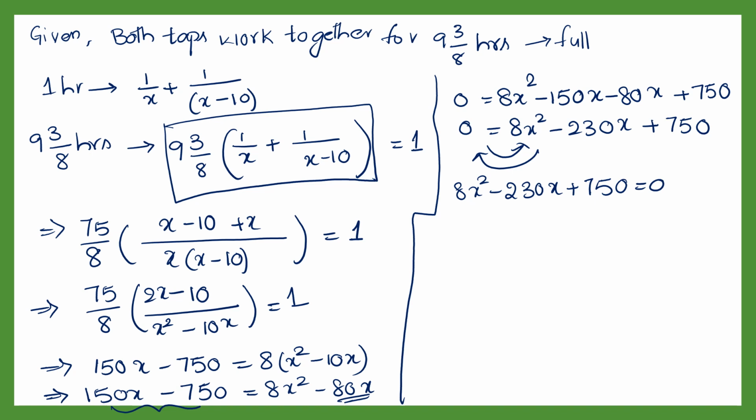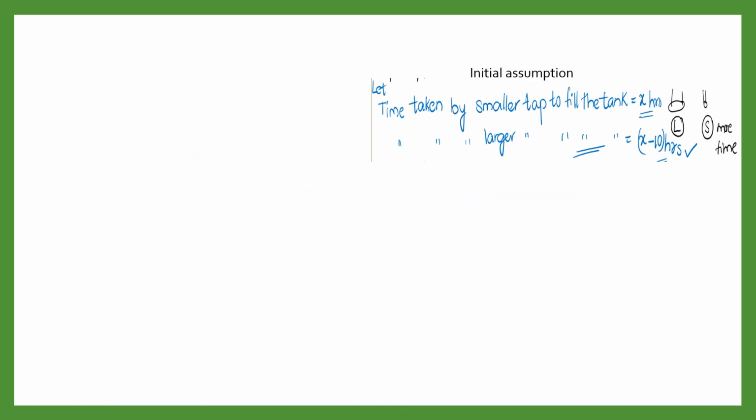Now, this is the quadratic equation. We can solve it and find the roots, and we will get the value of x. We can use the quadratic formula. The equation is 8x square minus 230x plus 750 is equal to 0.